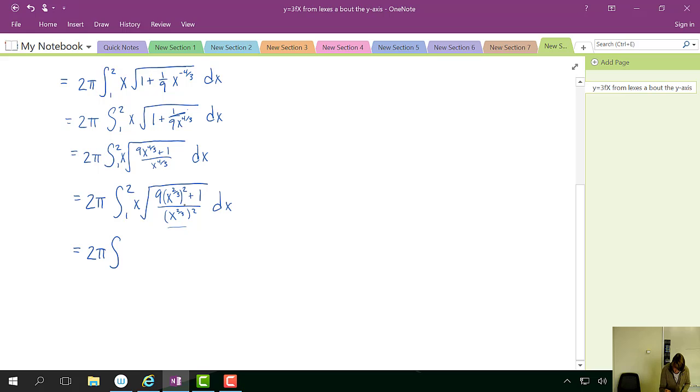So this times the bottom term, the square and the square root cancel out, and I'm left with this x to the 2/3 integral.